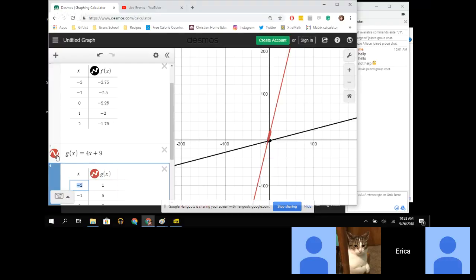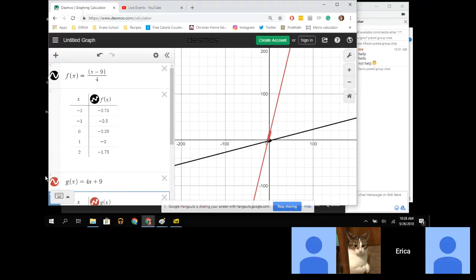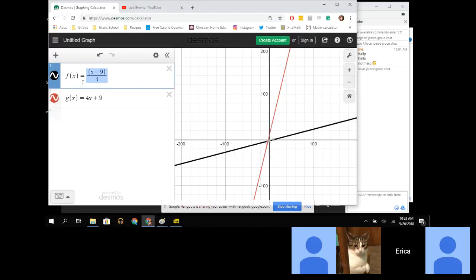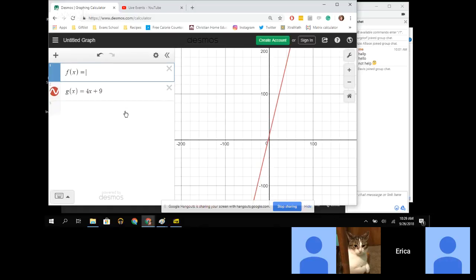I want to graph another one just because I think it's more interesting. I'm going to graph number 14 on your paper, just so you can kind of get a cooler graph than what we've got here. Because so far all we've done is graph lines, right?